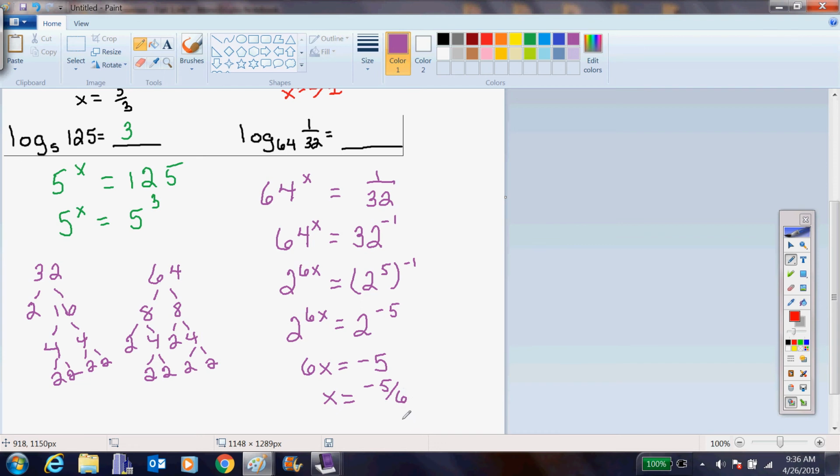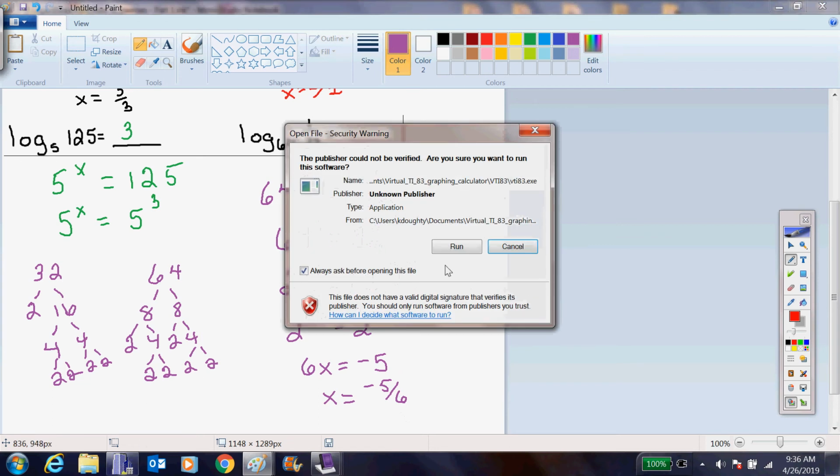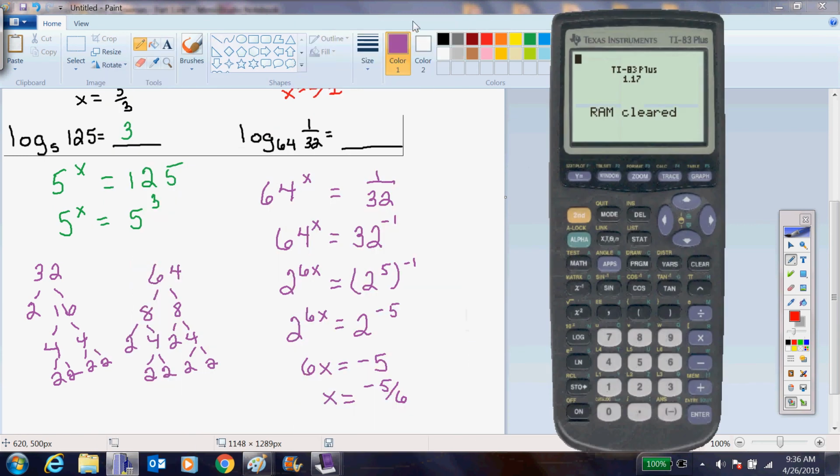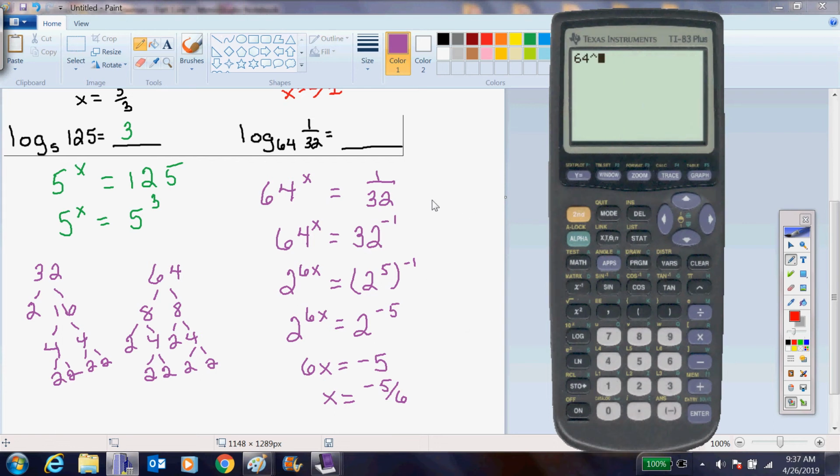So once again, if you want to, you can actually check that in your calculator just to make sure. So just for those of you that may not have known what I was talking about with check it in your calculator, I want to do 64 to the -5/6 power.